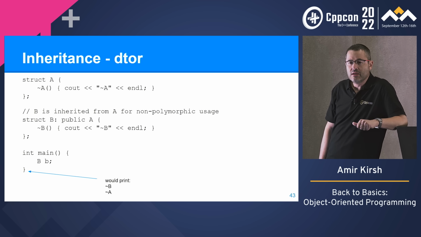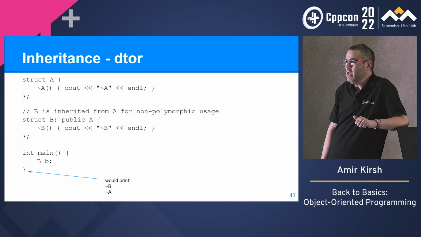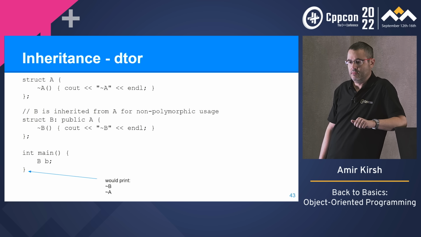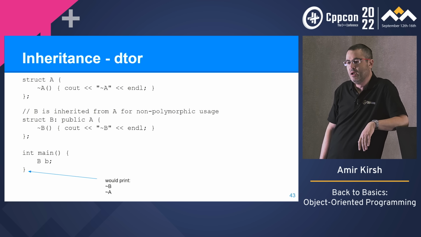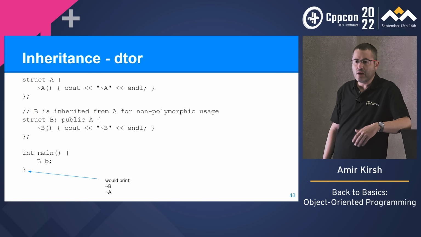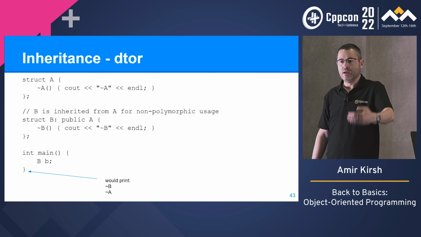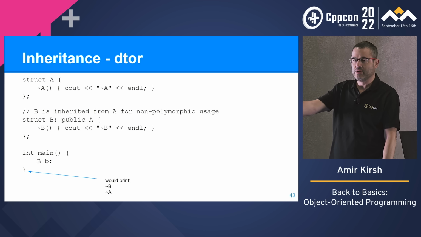Because somebody can say, oh, but A's destructor should have been virtual. We would say something about virtual destructor, but I assume in this example that I'm not going to use A and B in a polymorphic manner, which means I would not allocate B and hold it with the A pointer.